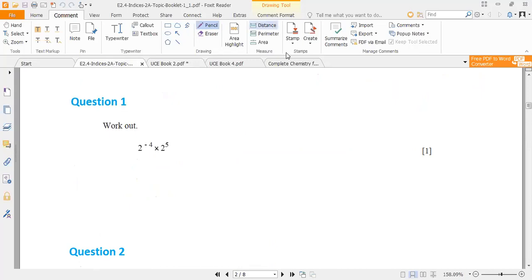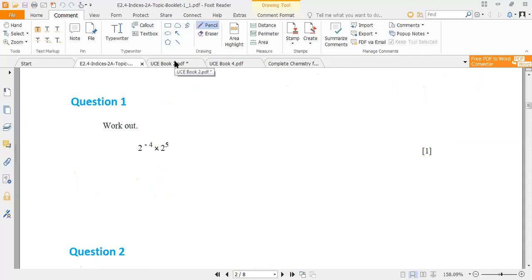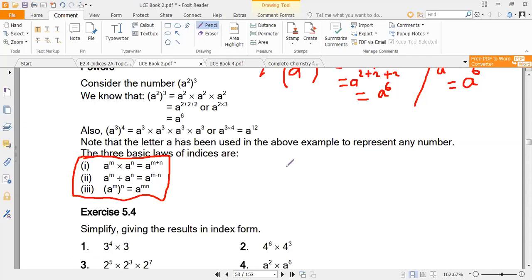This is the question. It says, work out 2 power negative 4 multiplied by 2 power negative 5. But as a reminder, before we answer the question, we have what we call negative powers.